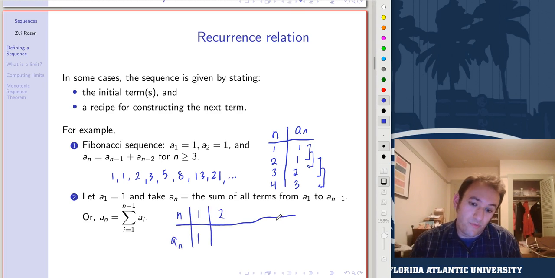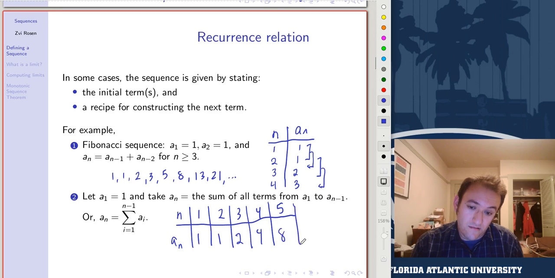The second term will be the sum of all of the terms from 1 to 1, which is just 1 itself. So that's 1. The third term will be the sum of all of the previous ones. That's 2. The fourth term will be the sum of all the previous, which gives us 4. The fifth one will be the sum of all the previous, which is 8. And you might see a pattern here.